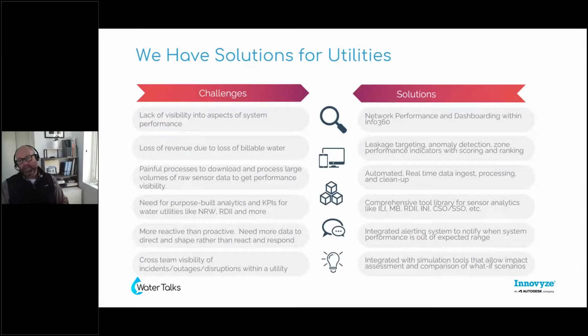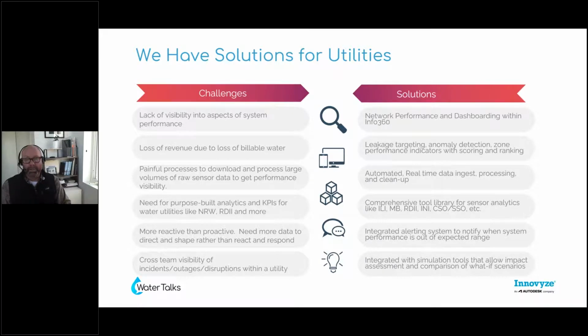So what are some problems and challenges that we know our users face? There is definitely a lack of visibility into system performance without a real-time analytic solution. You may have SCADA dashboards that are blinking and flashing and showing you current readings on everything, but they don't necessarily show you a holistic view of all of the aspects of your system that you may want to know.